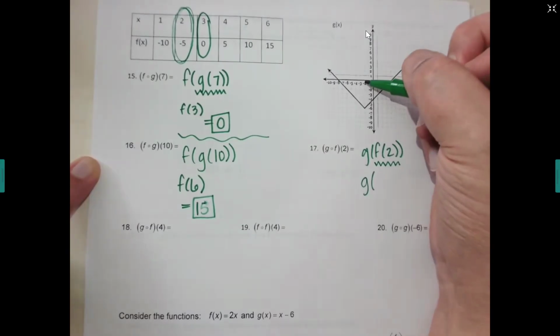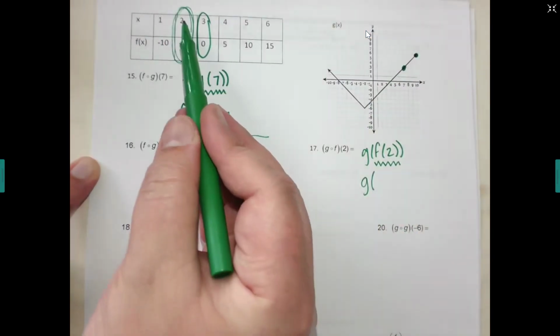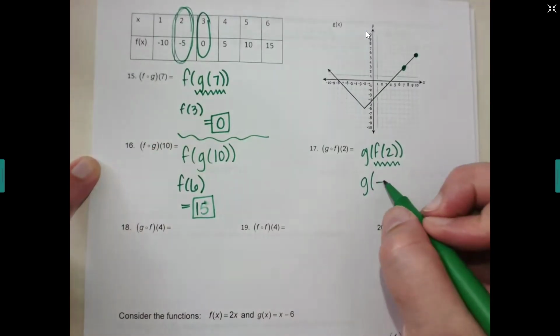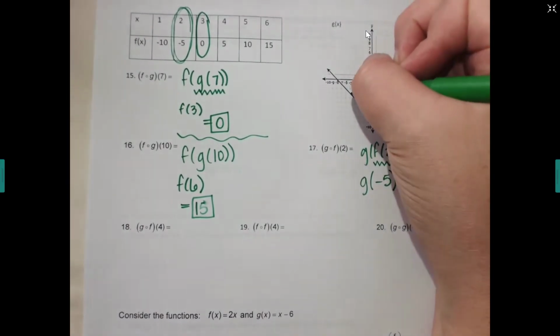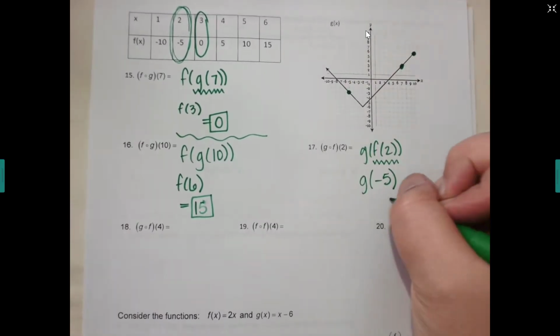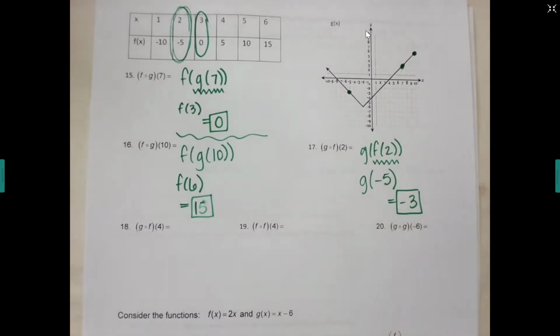So 2 is here, my y value is -5. And then that's where we'll go now on this graph. So count out to -5. And I see that I need to be down 3. Okay. Do we have any questions on how to do this if you get a table in your question?